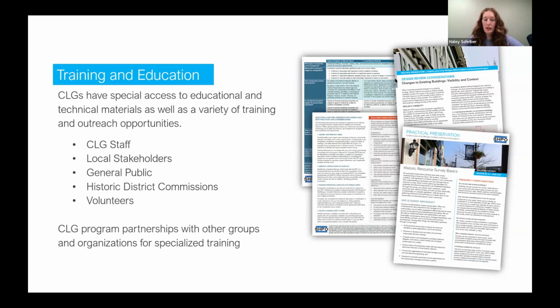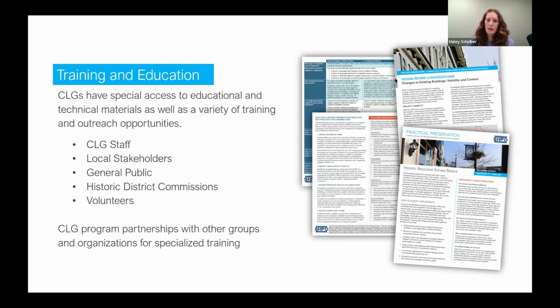Some examples of this include access to the CLG resource library, which includes bulletins, manuals, and other published materials for a range of topics. We have things specific for historic district commissions, and resources published by the National Alliance for Preservation Commissions are particularly useful. And then our office provides webinars and specialized newsletters to the CLG communities.